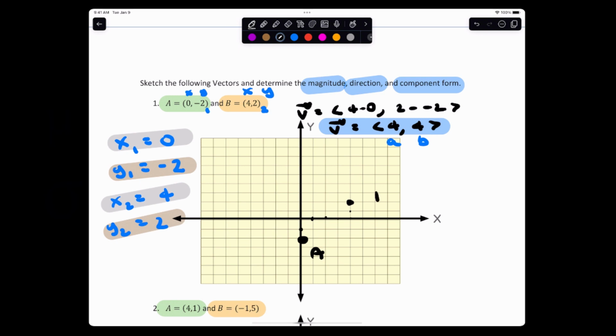Okay, so this would be point B. So your vector, let's do it in blue. Here's the vector.